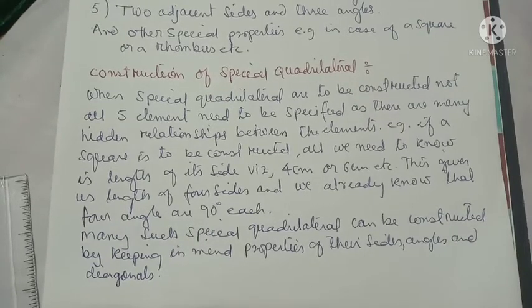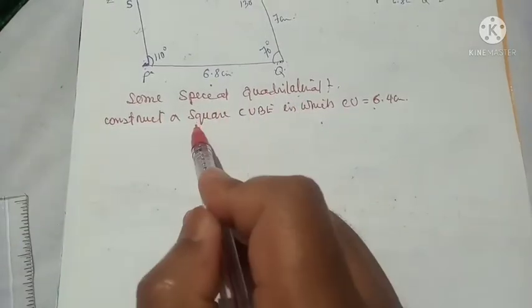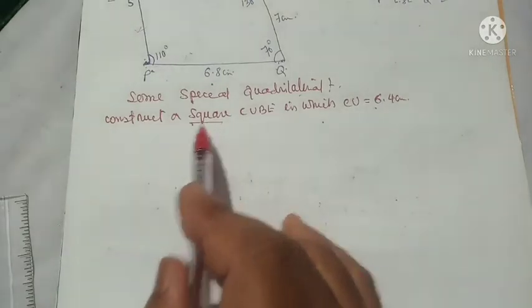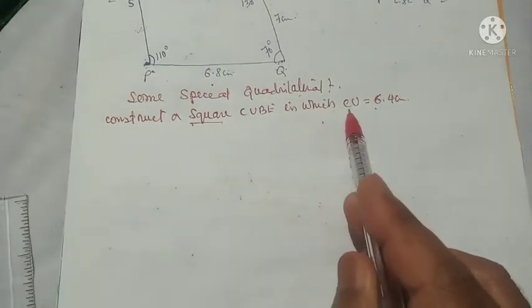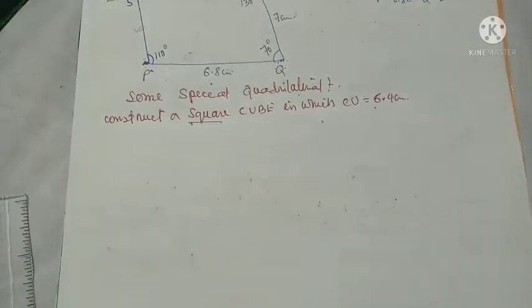Example for construction of a special quadrilateral. We pick up one shape, that is a square. The name of that square is CUBE, in which CU is 6.4 centimeters. We all understand that for a square, all four sides are of equal length, and all the interior angles of the square are 90 degrees.